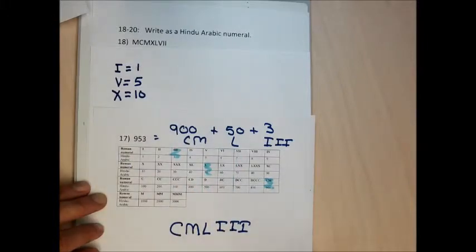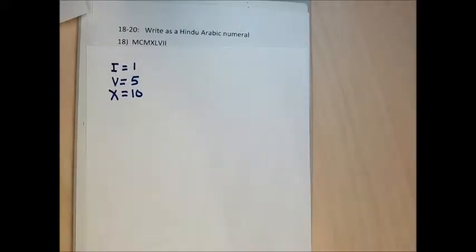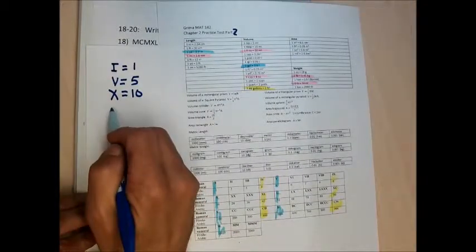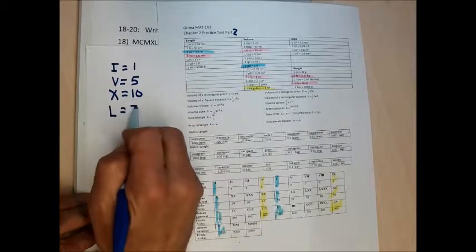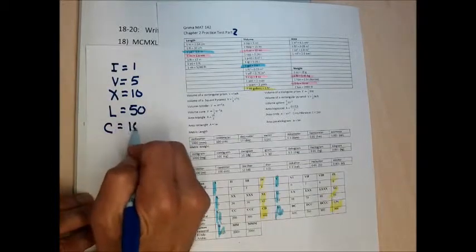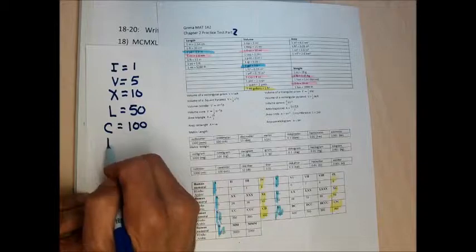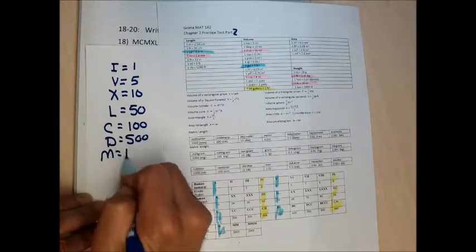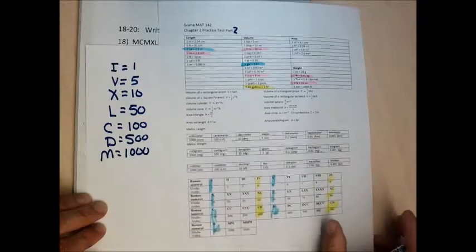I'm just copying from this chart. L is equal to 50. C is equal to 100. D is equal to 500. M is equal to 1,000. Those are the 7 basic Roman numerals.